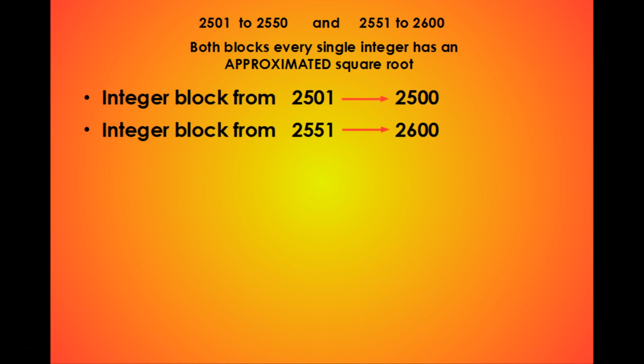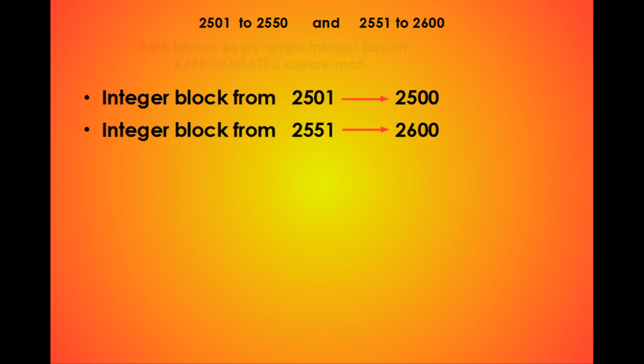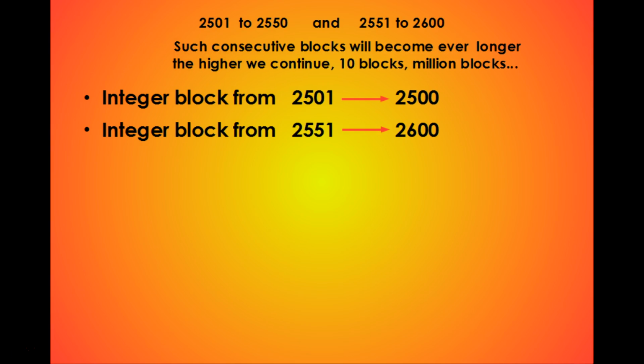So what that shows is that you'll start getting blocks of 50 next to each other, in which, again, all the square roots will have to be approximated. And these blocks will continue to get longer in length, pretty soon you can have 10 blocks or 1,000,000 blocks, and there's no end to the length of the blocks that will be formed.